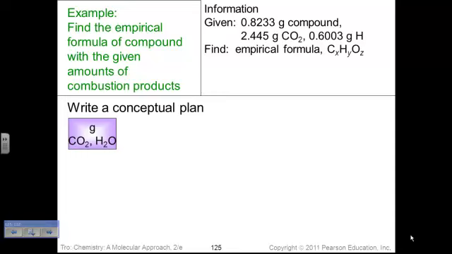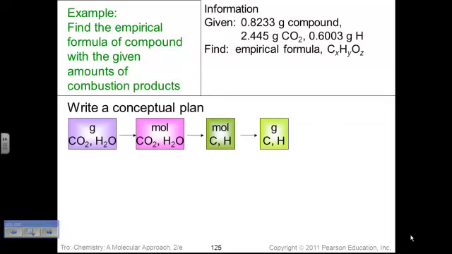Our conceptual plan says, knowing the mass of CO2 and the mass of water, we can find mole numbers. From mole numbers, we can convert into element moles. And from there, we can find grams and work into subscripts.